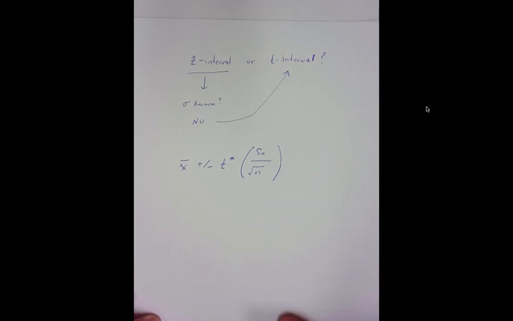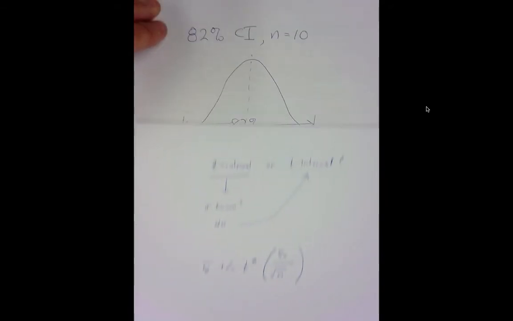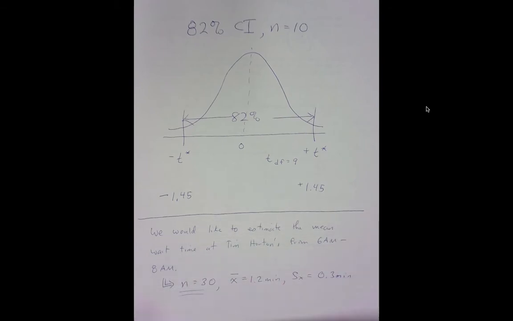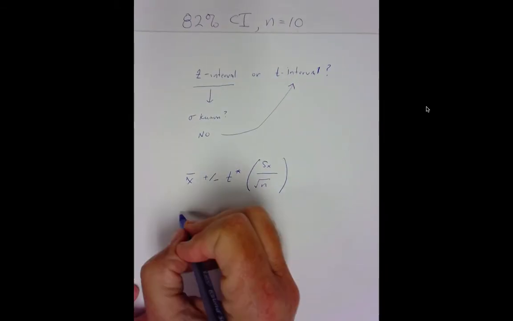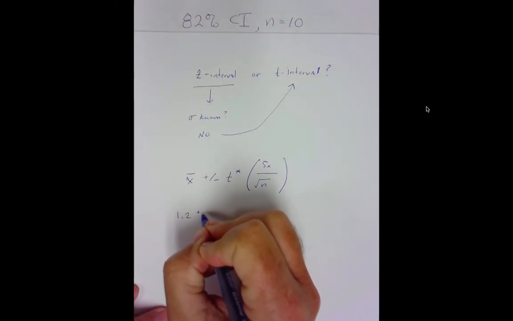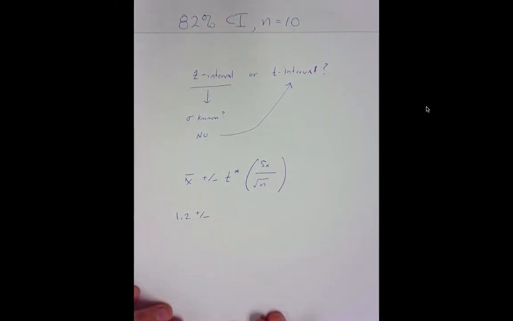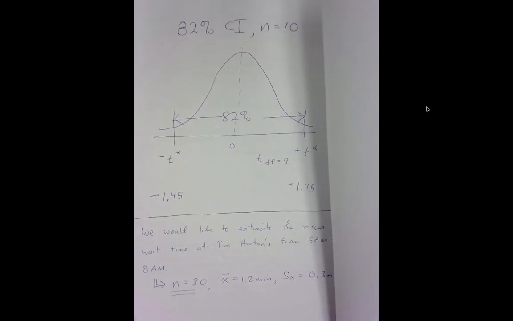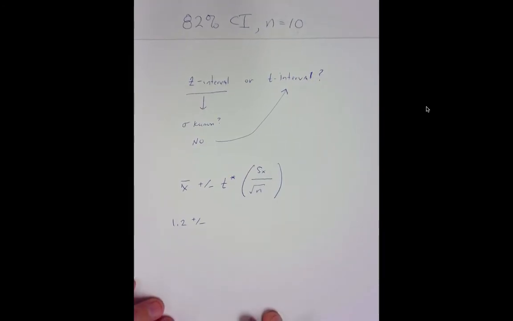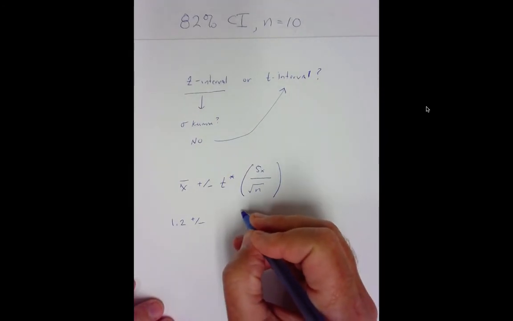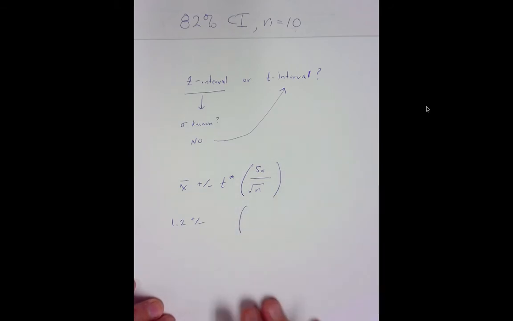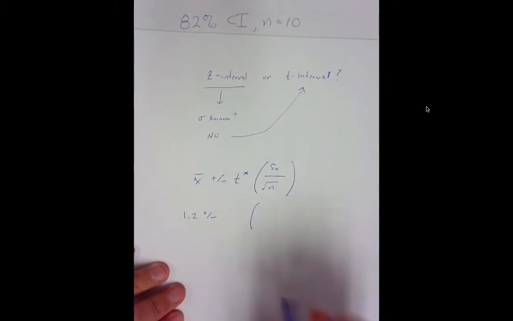Well, guys, in our problem here about Tim Hortons, the mean was 1.2. The T critical, we'll have to go back and get that. So we want a 95% confidence interval. I don't think I specified that, but I'll go back and get that in just a second. The standard deviation is 0.3.